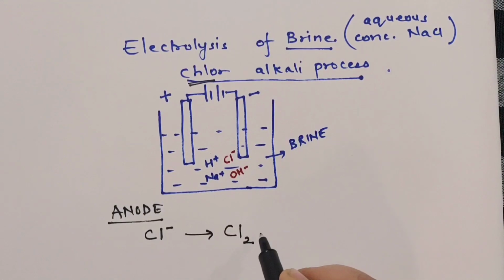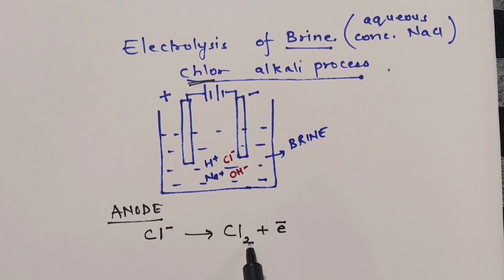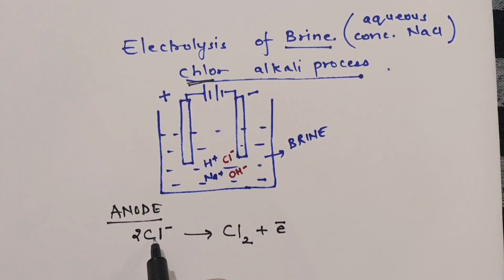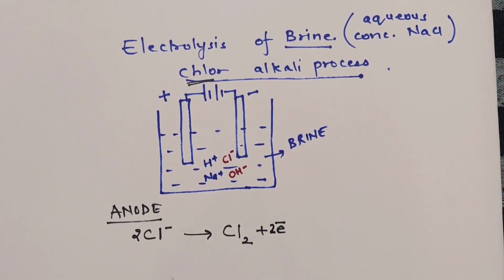Since it's losing electrons, you would write electrons on the product side. Since there are two atoms in a chlorine molecule, for balancing you would put a 2 here. Now since two chloride ions are losing electrons, they are losing 2 electrons. So this is your reaction at anode.